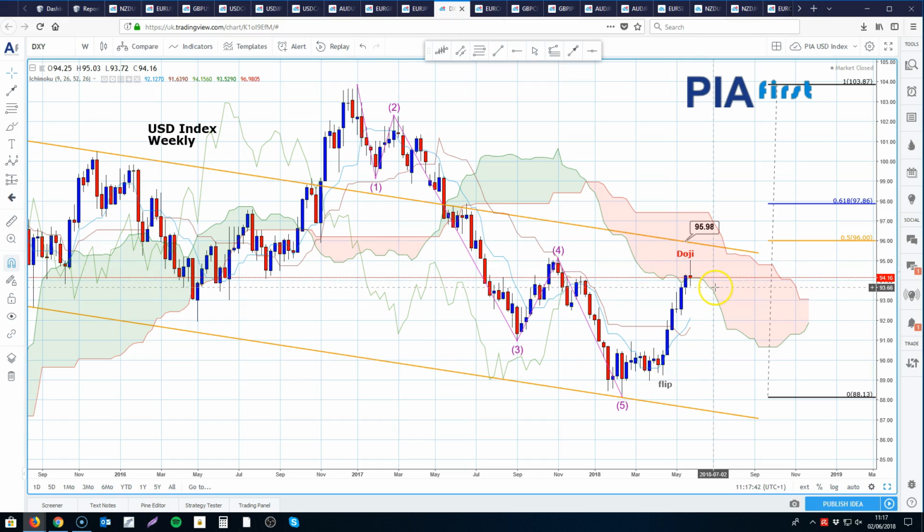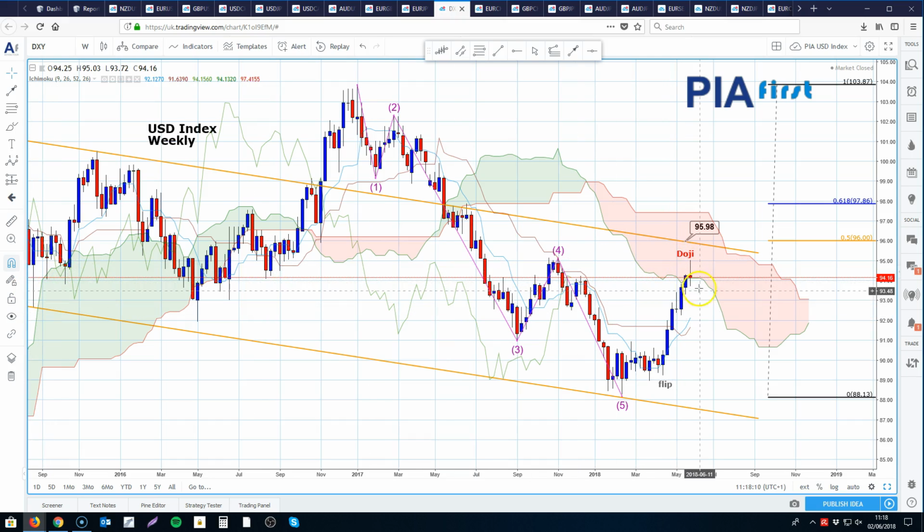If we get a close this week below this level, which is around 93.66, then we will form an evening star formation and look for deeper losses. Obviously this area has been quite pivotal, beginning of November of 2017, and then if we look back here, levels through 2016.